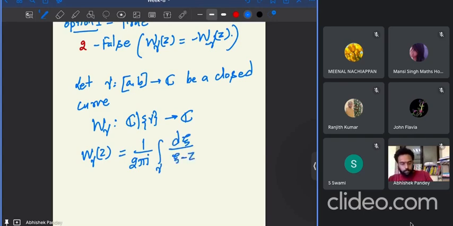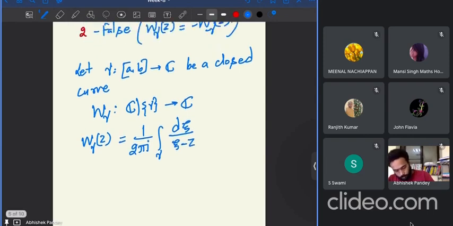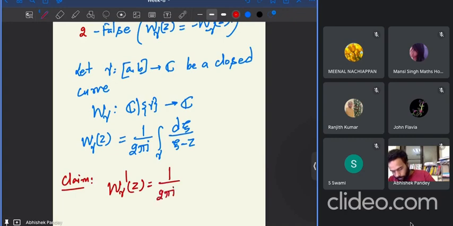So what I will prove is the derivative of this one. The claim is that the derivative of W gamma at z is nothing but 1 upon 2 pi i times the integral over gamma of d xi upon xi minus z whole square.